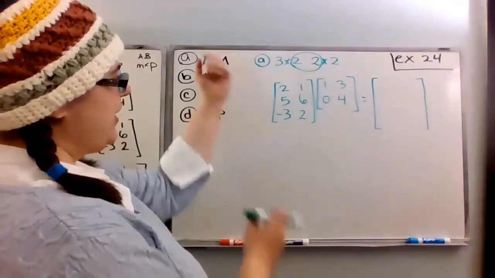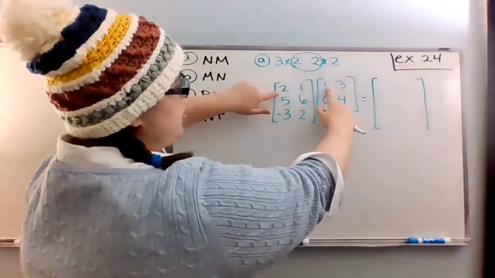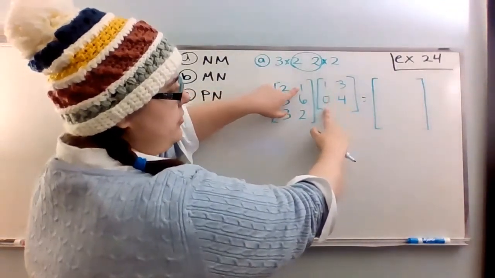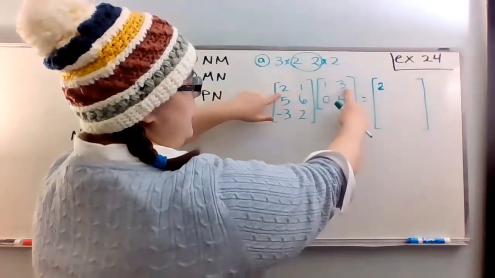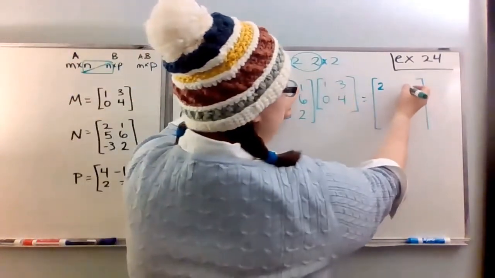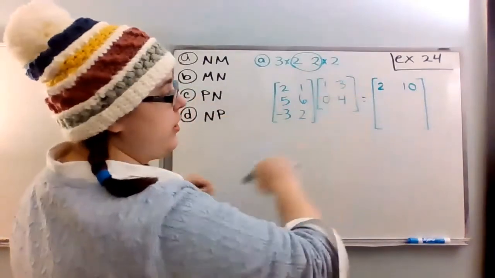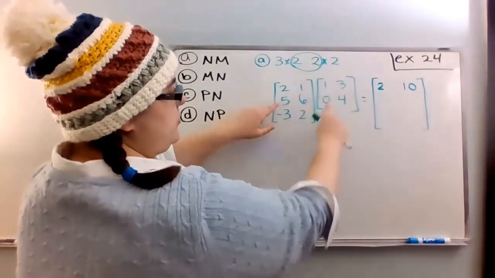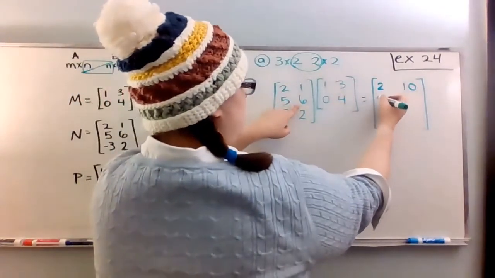So we're going to get here 2 times 1. So we've got 2 plus 0. That's a 2. Now I have 6 and 4 should give me a 10. So that's my first row. Now I'm going to move on to the second row. So 5 plus 0 is 5.